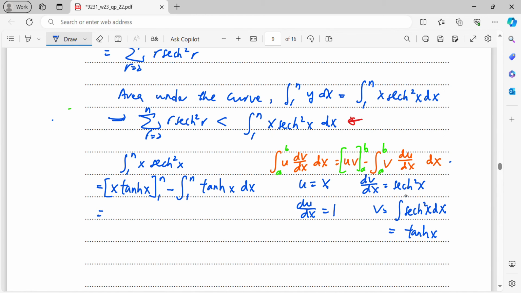So now replace the x by n first. It will be n hyperbolic tangent n minus, when the x is replaced by 1, 1 hyperbolic tangent 1, minus the integration of hyperbolic tangent x. This is hyperbolic sine x over hyperbolic cosine x.